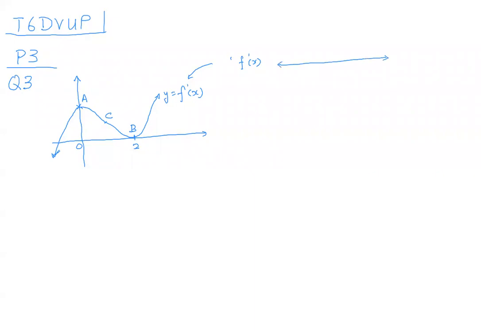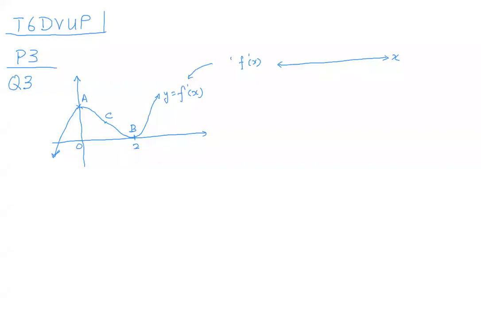Okay, Avika, what number must I put on this sign diagram? Johan? 0 and 2. Okay, why do you say 0 and 2? Oh no, just 2. Okay, Avika, be very careful. This is the f prime x graph.